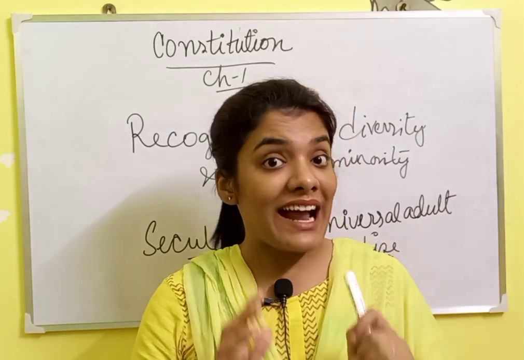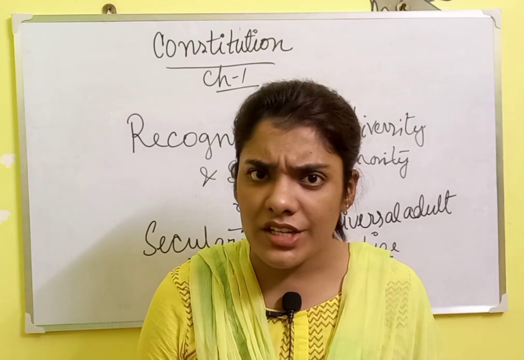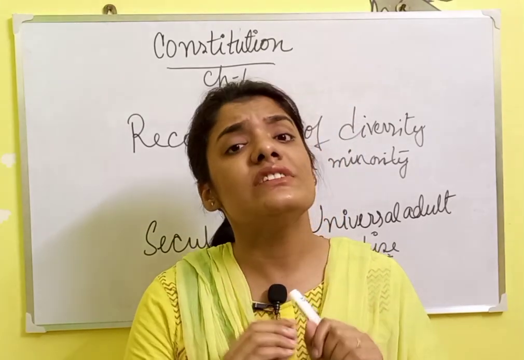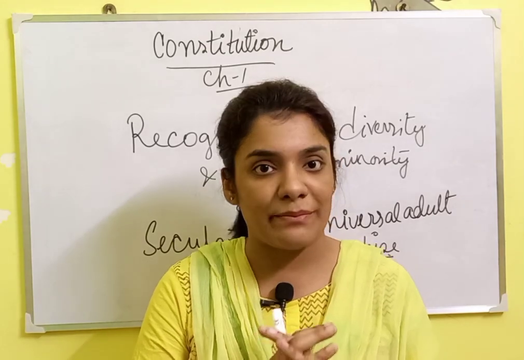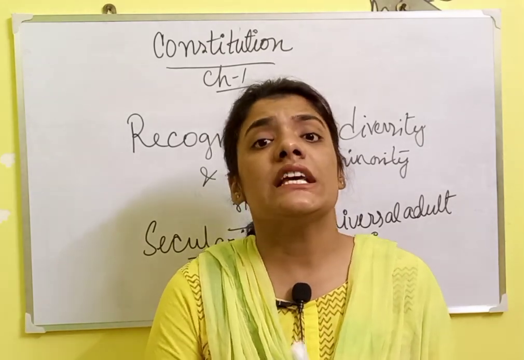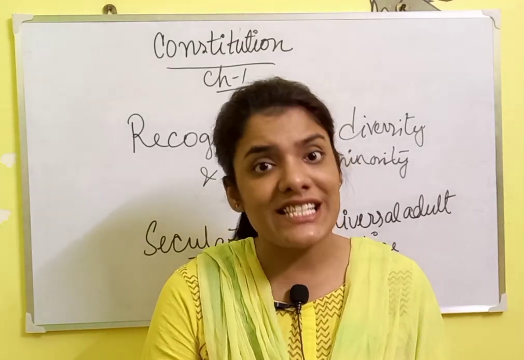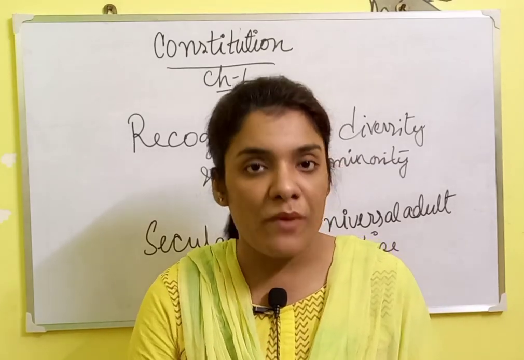Okay, because during that time India was not at all financially strong, and India had several challenges in front of it. The biggest challenge among them was to establish democracy. Okay, but this universal adult franchise was accepted well among the people.